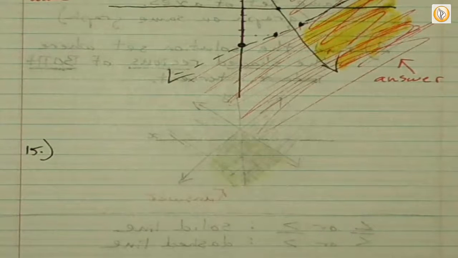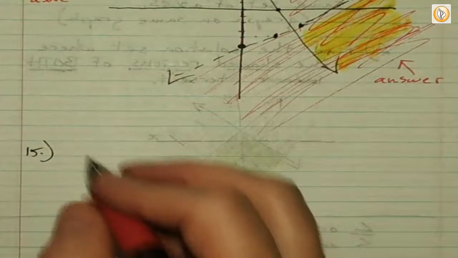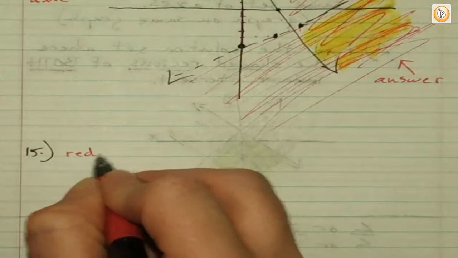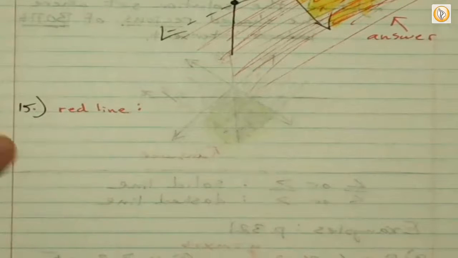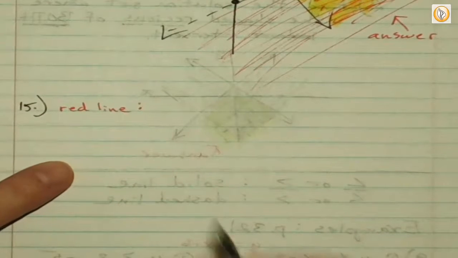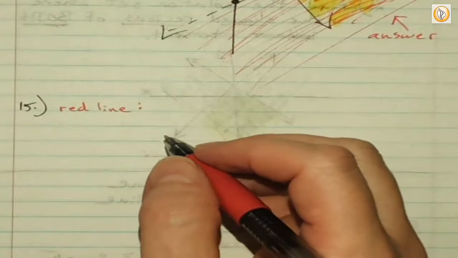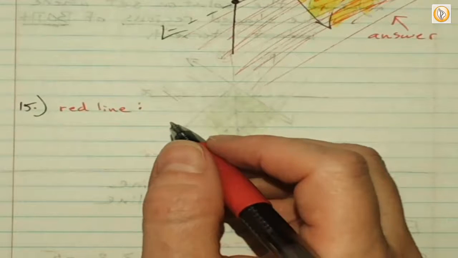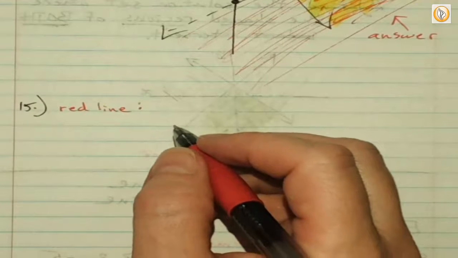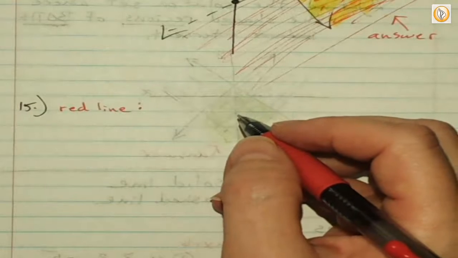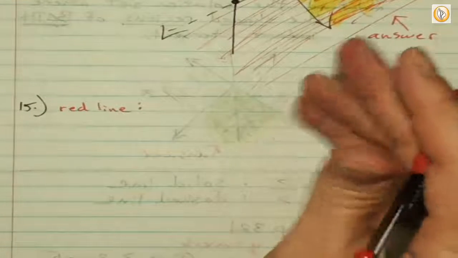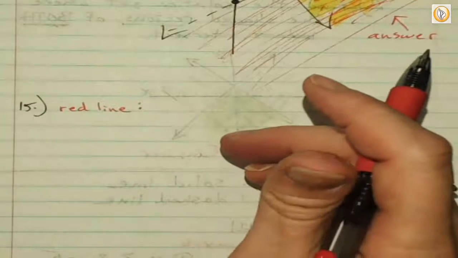So, for example, let's start with the red line. I always tell my students to do that. What do we know about the red line? Look at it. First of all, is it solid or dashed? It's solid. So that tells us right there it's going to be a greater than or equal to or less than or equal to. Where is it shaded?